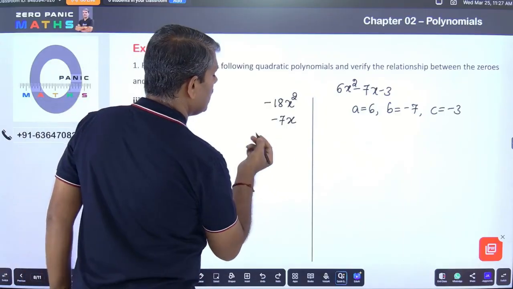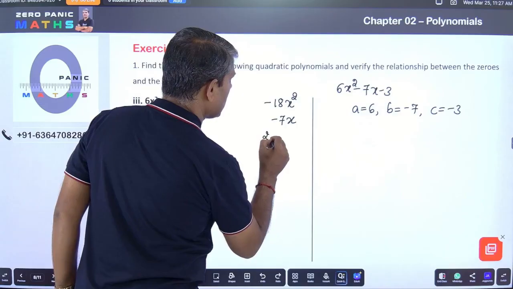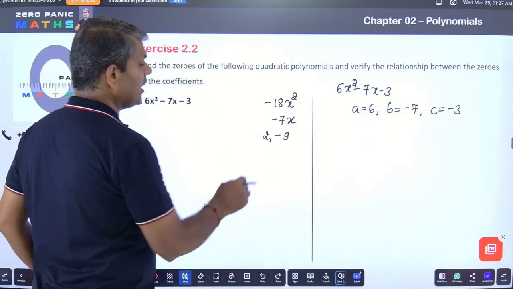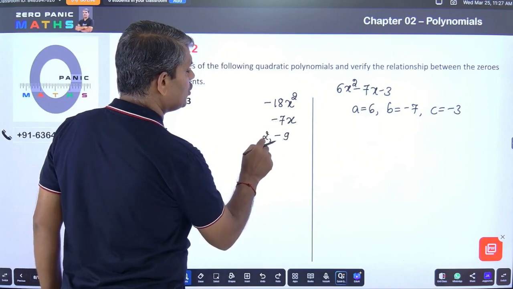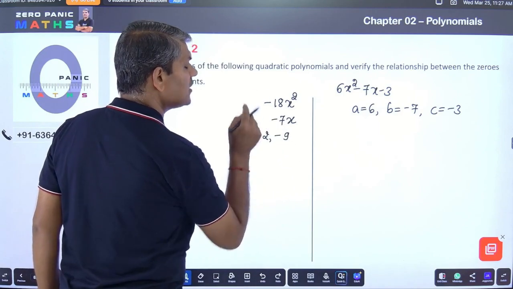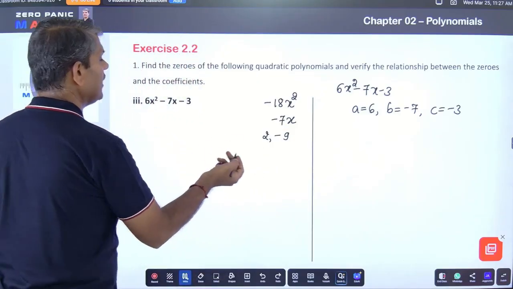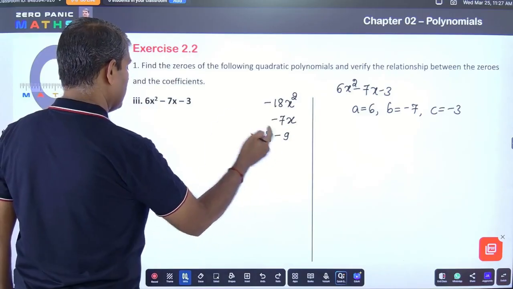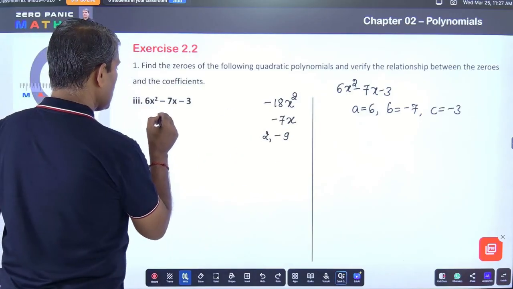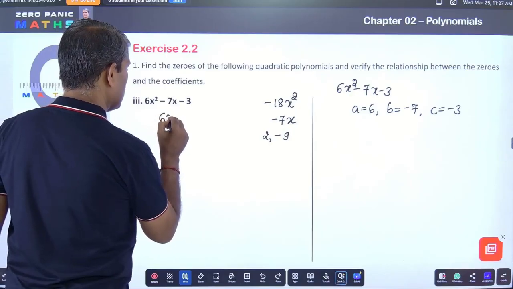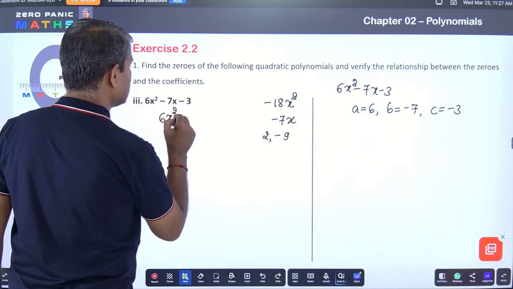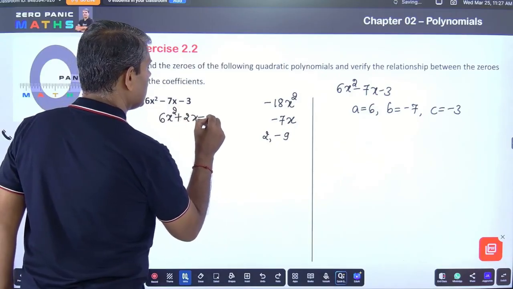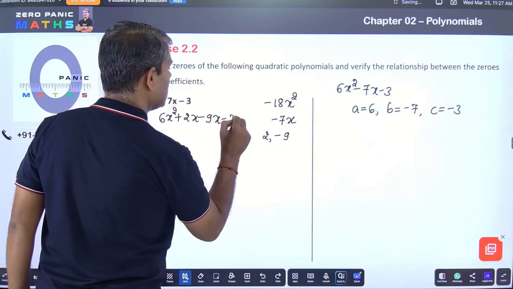So I can have the values as 2 and minus 9. 2 minus 9 is minus 7 and 2 into minus 9 is minus 18 x square. So we can split the middle term as plus 2x minus 9x to get the factors. I can just split that: 6x square plus 2x minus 9x minus 3.